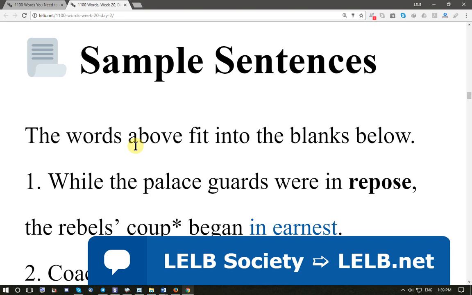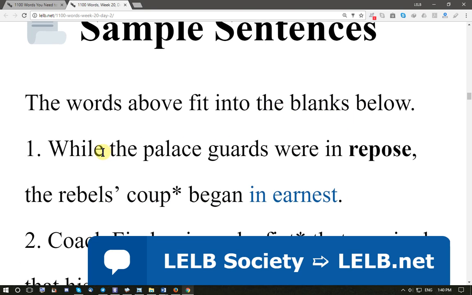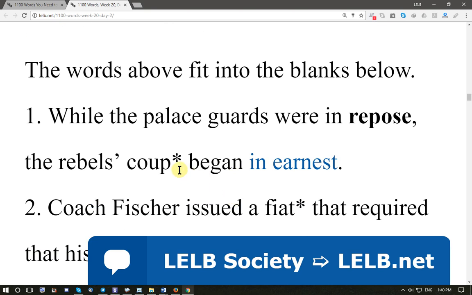Alright, sample sentences. The words above fit into the blanks below. Okay, I have already done this part, so just keep calm and focus on that. While the palace guards were in repose, the rebels' coup began in earnest.